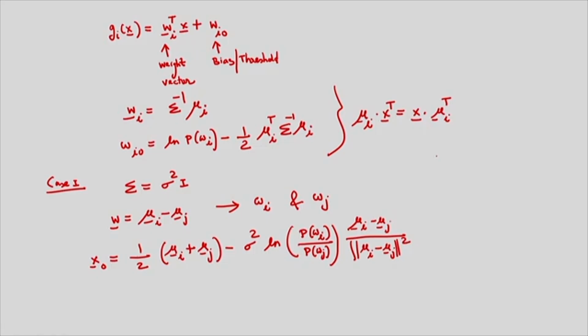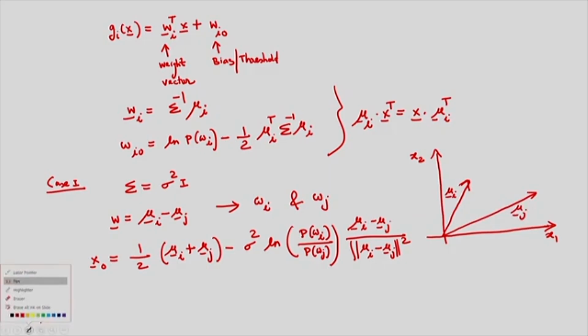In my last class also I have shown how to draw the decision boundary. Suppose this is the feature space, x1 and x2, a two-dimensional feature space. Corresponding to the first class, this is the mean vector mu i, and corresponding to the second class, this is the mean vector mu j.